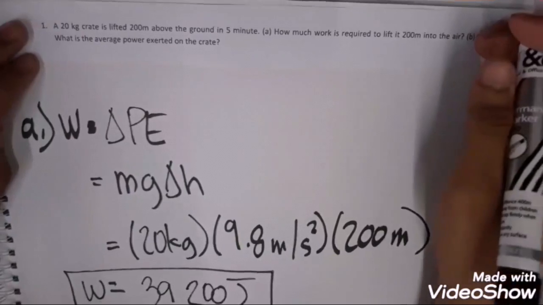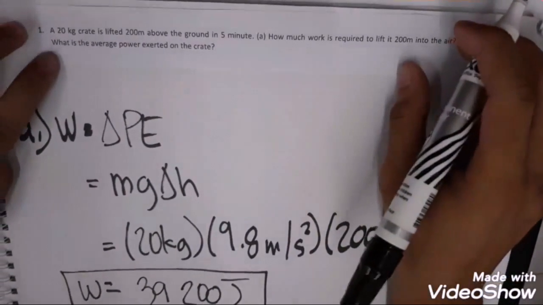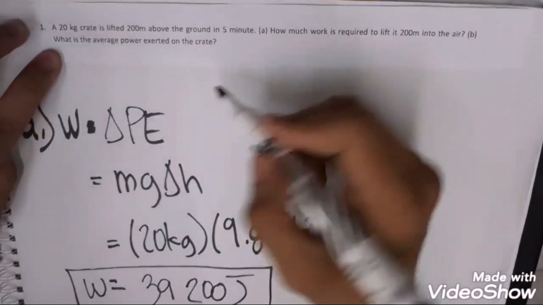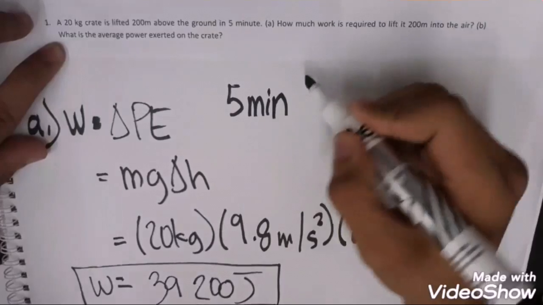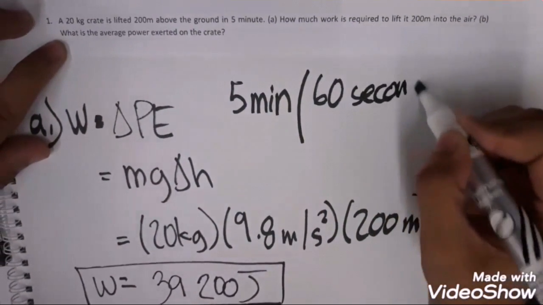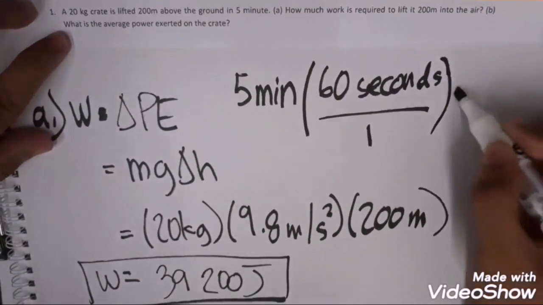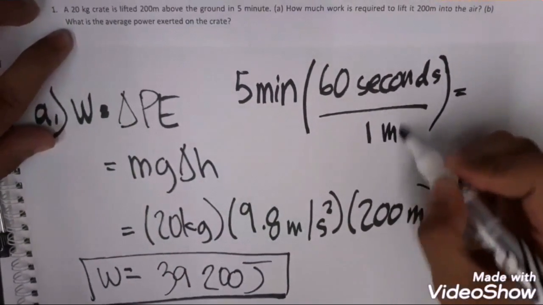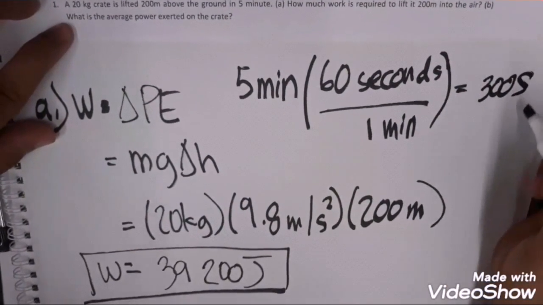After getting the work, we need to then get the power, but first, we need to convert the 5 minutes into seconds. Now, 5 minutes into seconds will be equal to 300 seconds.